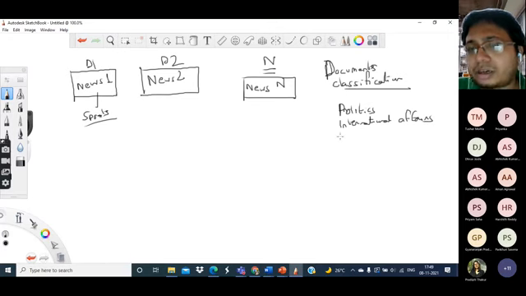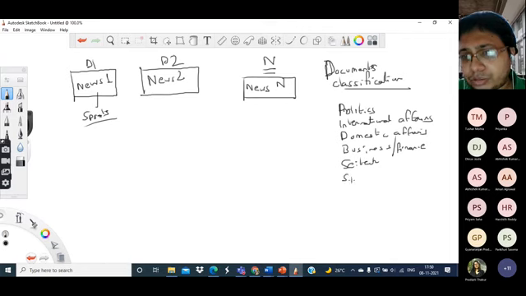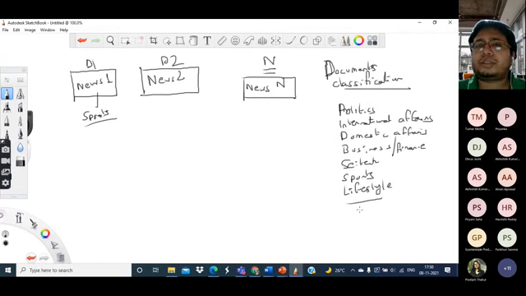Then there can be the country's domestic affairs. Then there can be business and finance. Then there can be science and technology. Then there will be sports. Then there can be, say, lifestyle. And other categories may also be there.